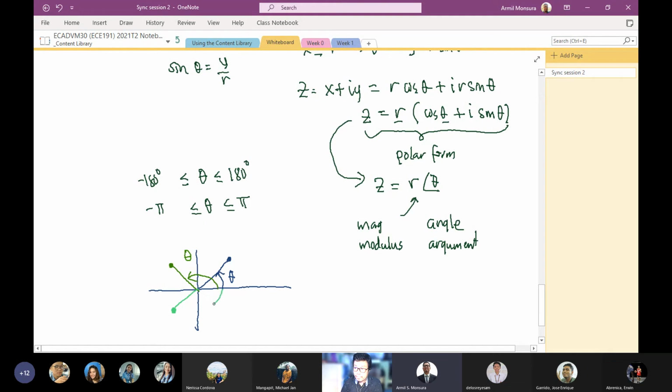You go from here to here. But take note that in that case you are measuring your angle in a negative sense. Okay, is that clear?